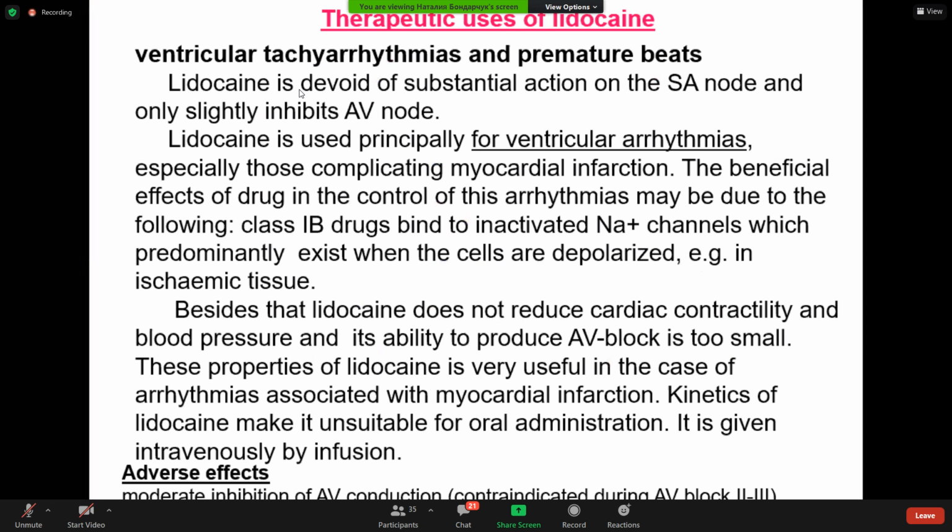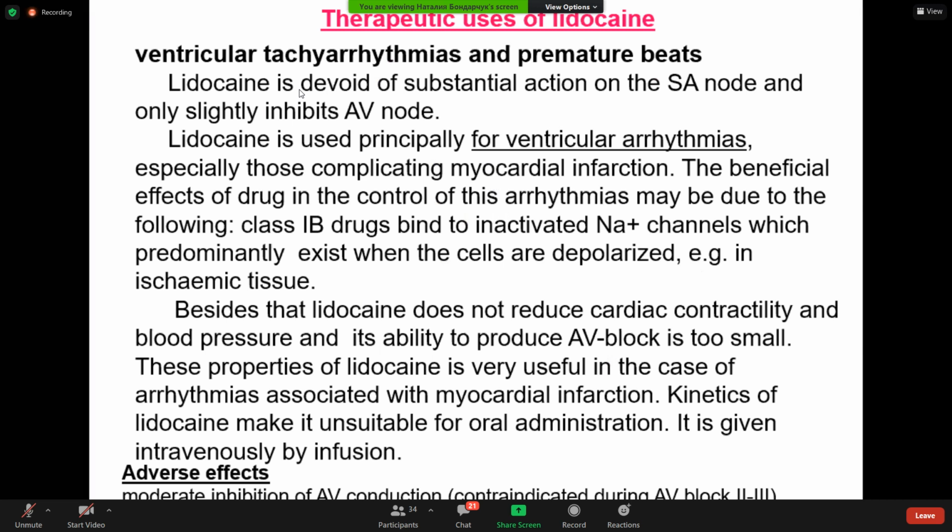Lidocaine is devoid of substantial action on the sinoatrial node and only slightly inhibits the AV node. So the general action of lidocaine, according to localization, is the action in the ventricles. So lidocaine is used principally for ventricular arrhythmias, especially those complicating myocardial infarction.